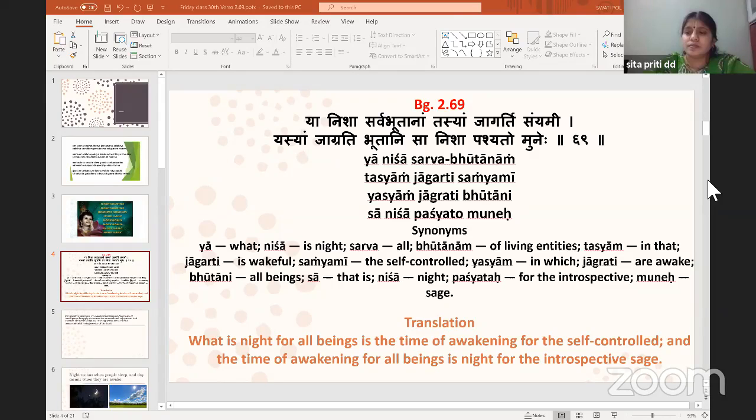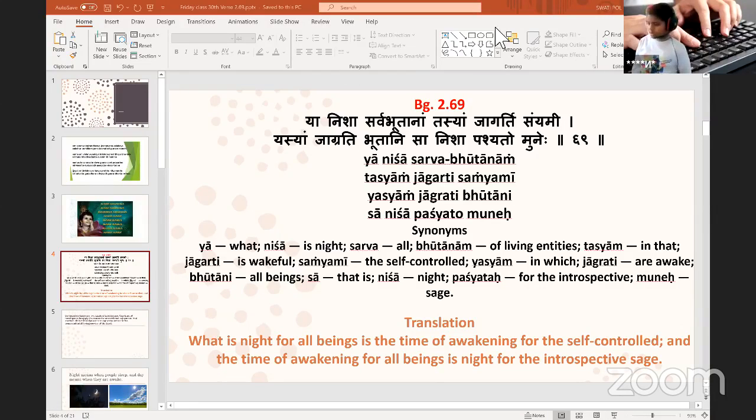Tanisha, Yanisha, Tanisha, Tanisha, Sanisha, Tanisha, Pashyato, Pashyato, Sanisha Pashyato, Tanisha, Pashyato, Mune, Mune, Tanisha Pashyato Mune.